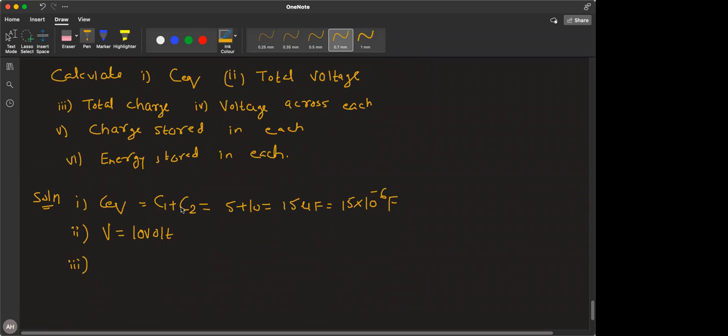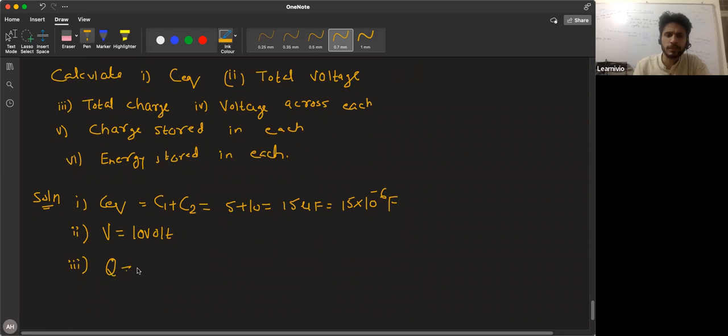The total charge is the equivalent capacitance multiplied by V naught. C equivalent is 15 into 10 raised to the power minus 6, into voltage, which is 10. So the total charge is 15 into 10 raised to the power minus 5 coulomb.